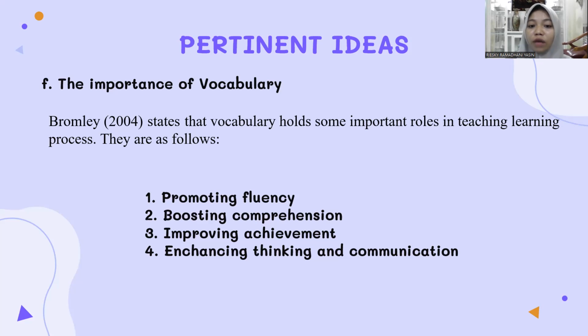Students with large vocabularies score higher on achievement tests than those with small vocabularies. The last one is enhancing thinking and communication. Words are tools for analyzing, inferring, evaluating, and reasoning. A large vocabulary allows for communicating in ways that are precise, powerful, persuasive, and interesting.